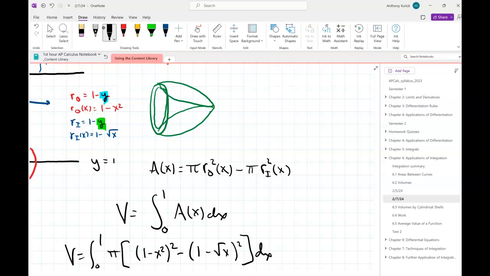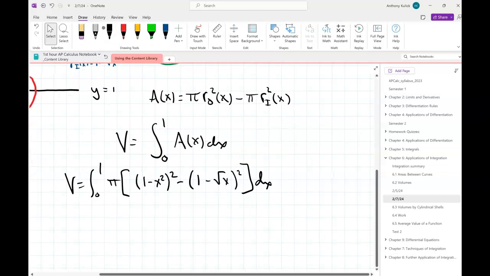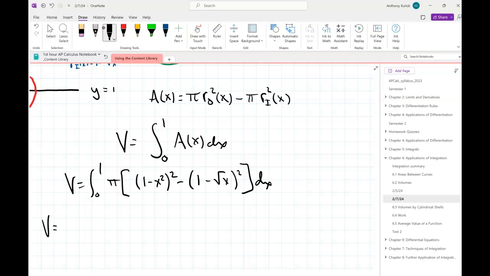Is everybody okay that I factor out that pi? All right, to integrate this, what should I do? Yeah, I would FOIL that out, right? You could do some rearranging and do some u-sub, but I wouldn't bother with it. The FOIL is pretty easy.